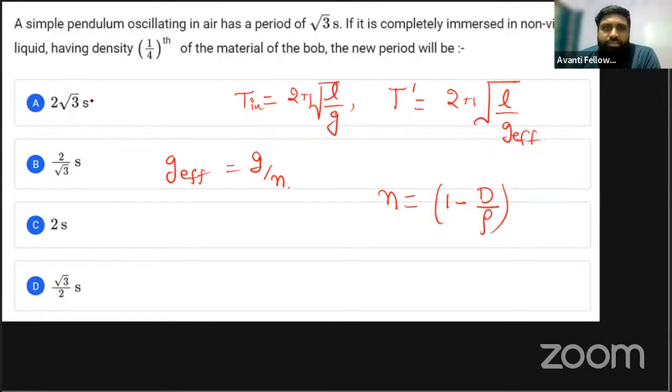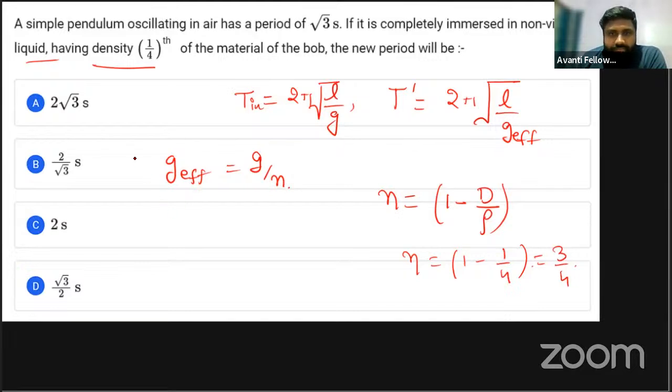Here it is given that the liquid has a density 1 by 4th of the material of the bob. So we can say this D by rho is 1 by 4. So n will be 1 minus 1 by 4, n will become 3 by 4.